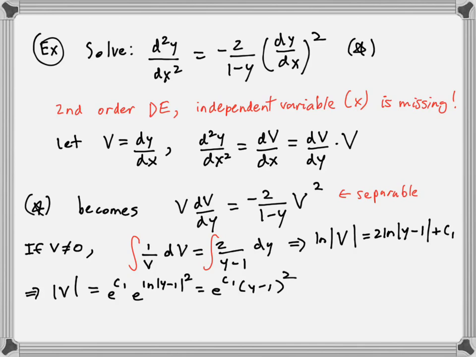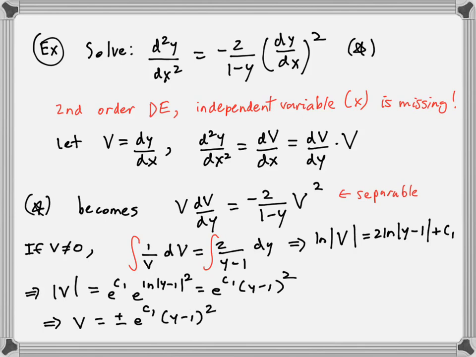We don't need absolute value anymore because it is being squared, right? So now what? To get rid of the absolute value, this actually means that v is equal to plus or minus e to the c1 times y minus 1 squared.